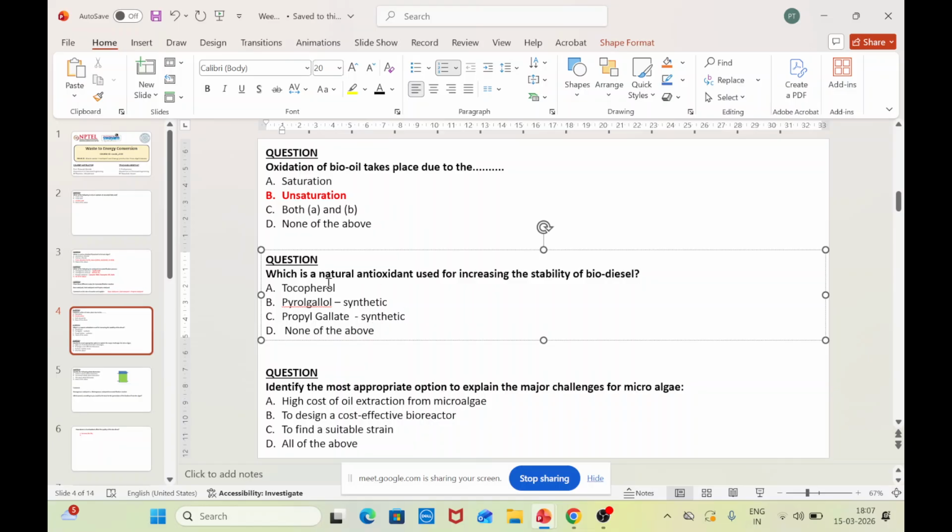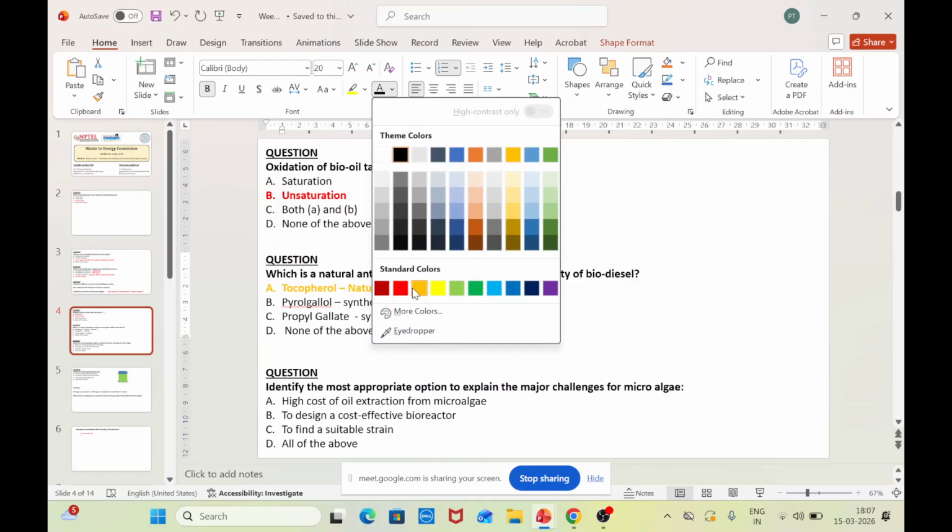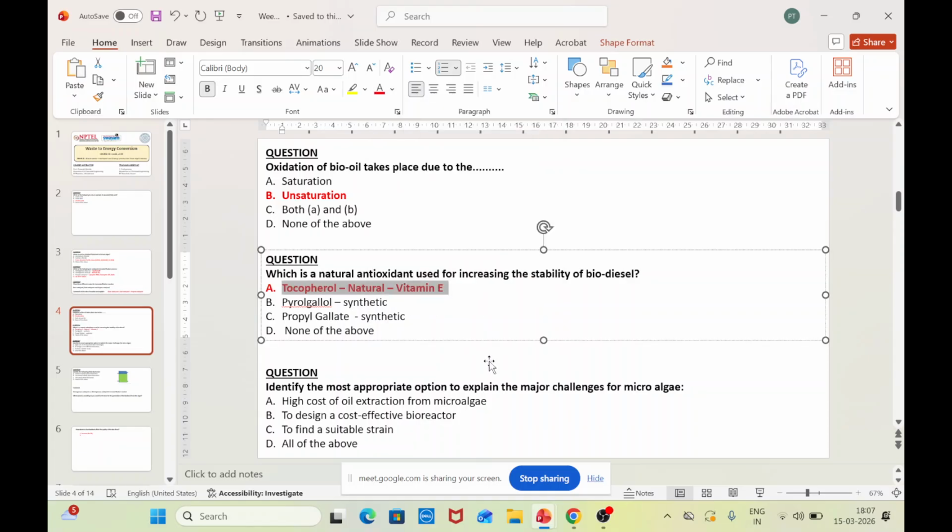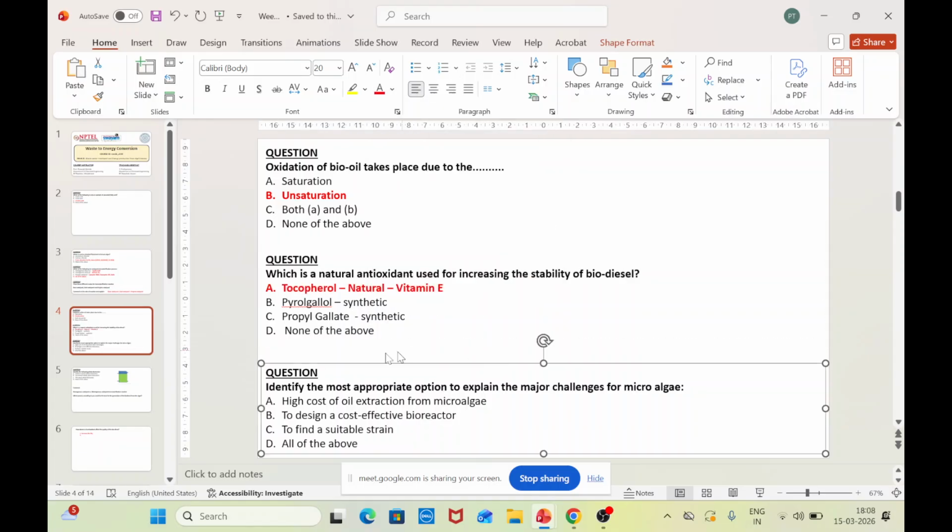So it is only the tocopherol which is natural, and this is something that is vitamin E, has tocopherol in it. So please try to remember this. So the answer is tocopherol, which is a natural antioxidant that is used to increase the stability of the biodiesel.